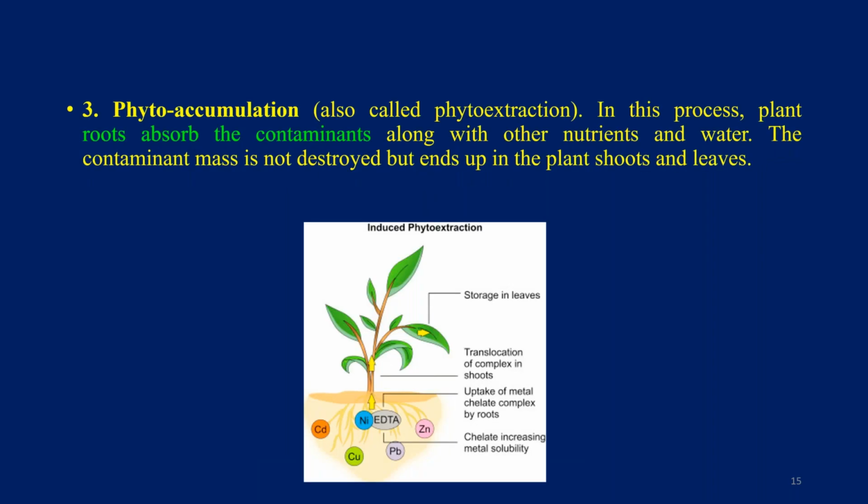Phytoaccumulation, also called phytoextraction. In this process, plant roots absorb the contaminants along with other nutrients and water. The contaminant mass is not destroyed but ends up in the plant shoots and leaves.